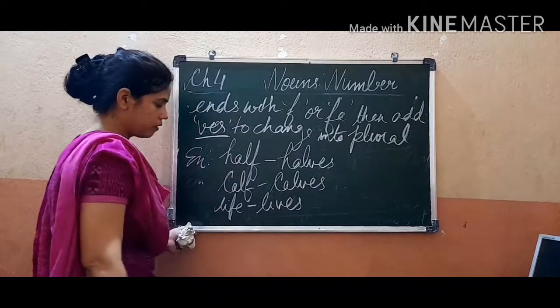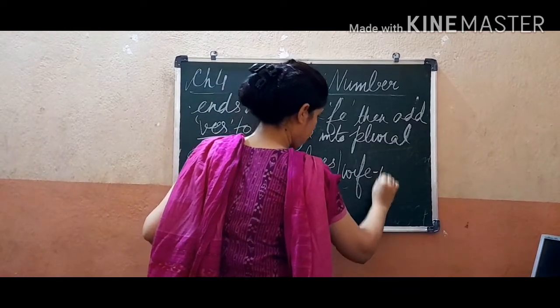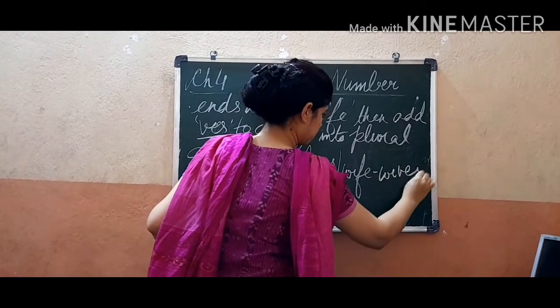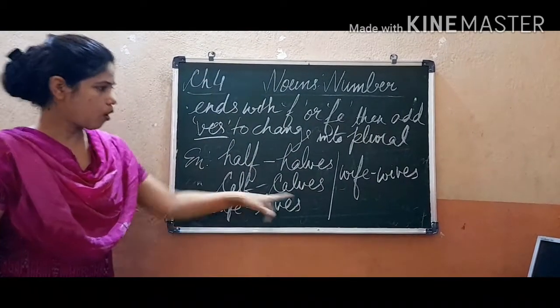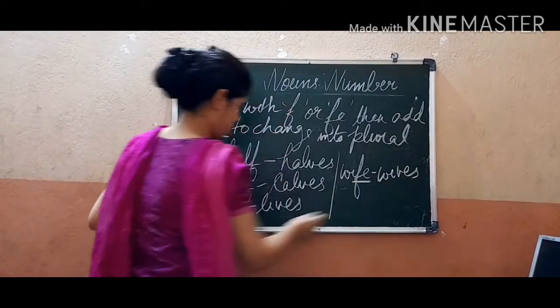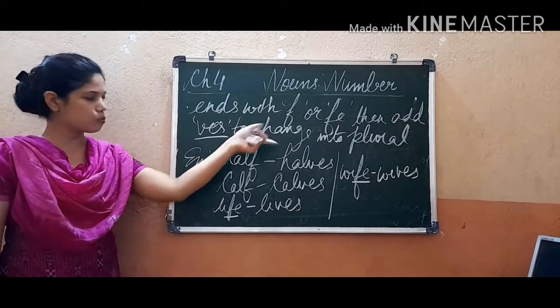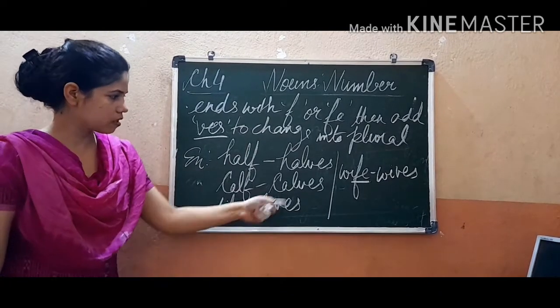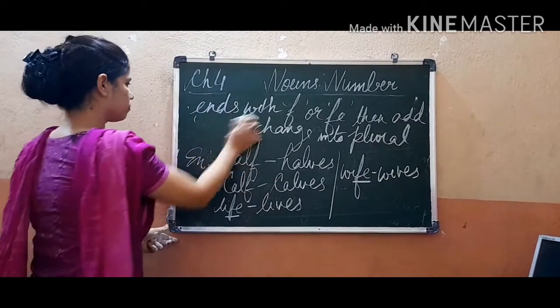Wife will change into wives. So you can see here when the noun ends with f or fe, we have to use ves to change into plural form. Halves, calves, lives, wives. This is the next rule.